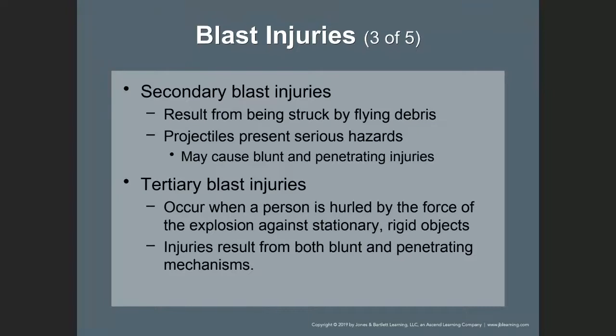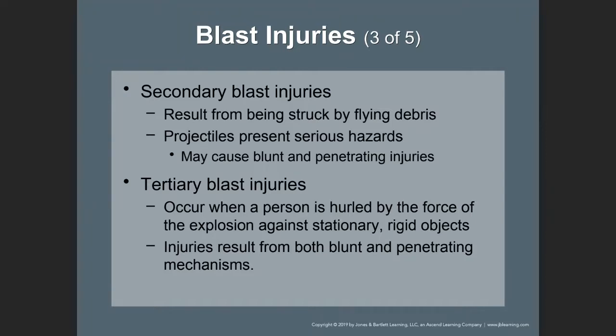Projectiles present serious hazards. This is the shrapnel, the debris that is thrown by the explosion. It may cause blunt and penetrating injuries. Tertiary blast injuries occur when a person is hurled by the force of the explosion against stationary, rigid objects. Injuries result from both blunt and penetrating mechanisms.